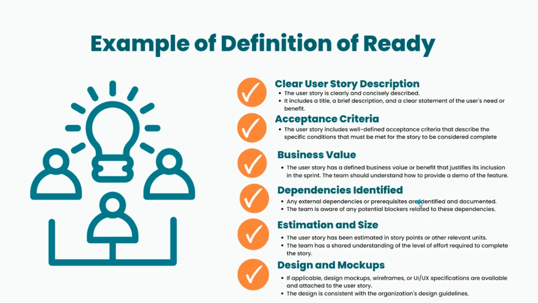So this is the criterion if you are working in an organization where there is some standard protocol to be followed, or a standard design template which needs to be followed for all the different applications. So you have to make sure that the mockup and the design you are following are in alignment with the organization's guidelines.